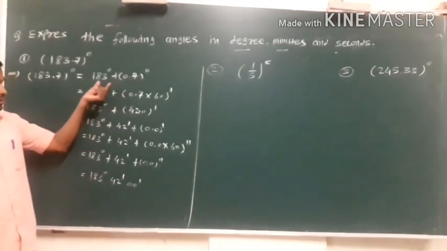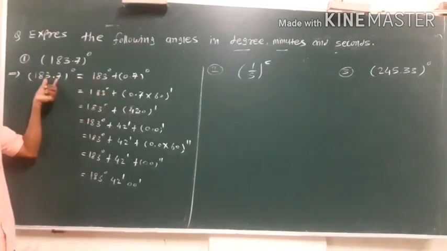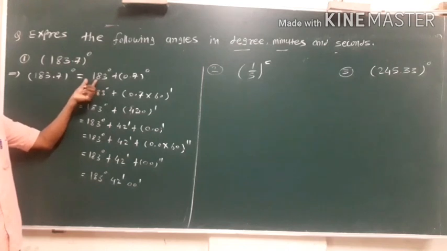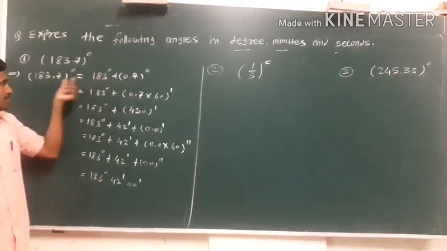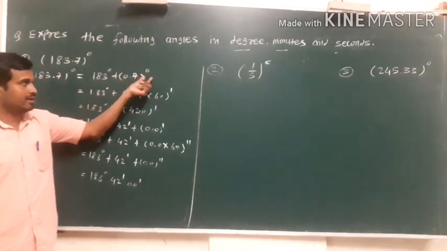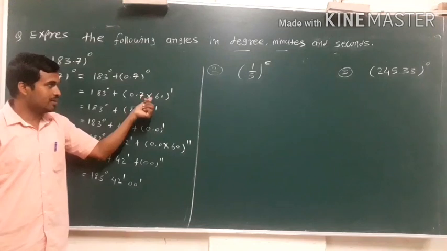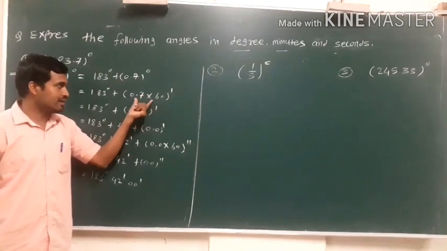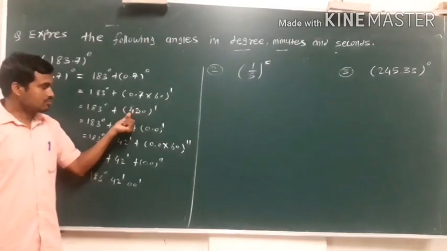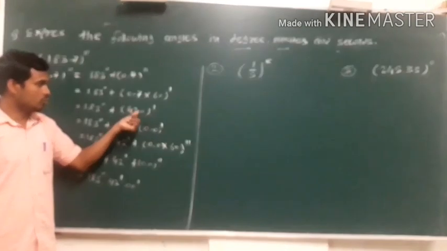See here, 183.7: 183 as degree plus 0.7 degree separate. 0.7 degree converts to minutes, multiplied by 60. Then we get the calculation 420, and the decimal point is here, 42.0.